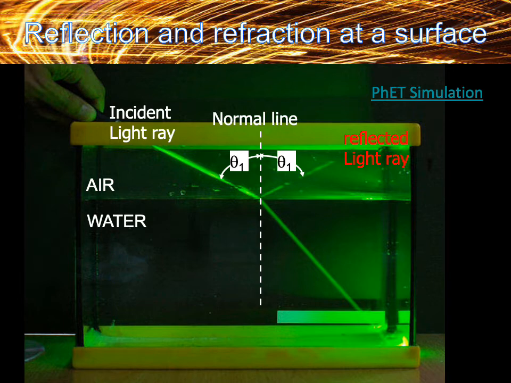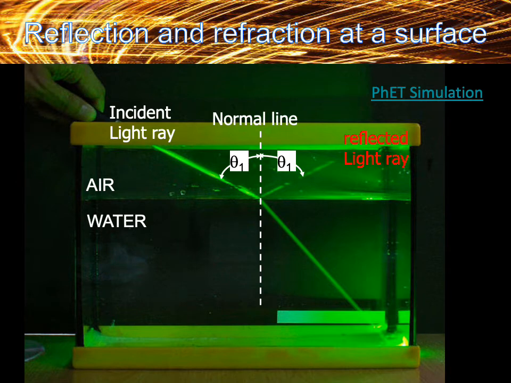So a portion of the light is reflected back into the air, while the majority of the light bends inwards and enters the water.